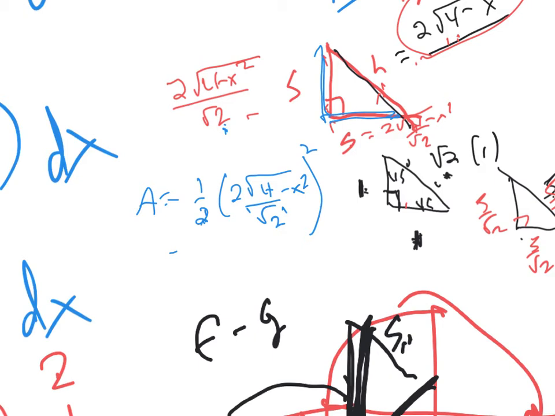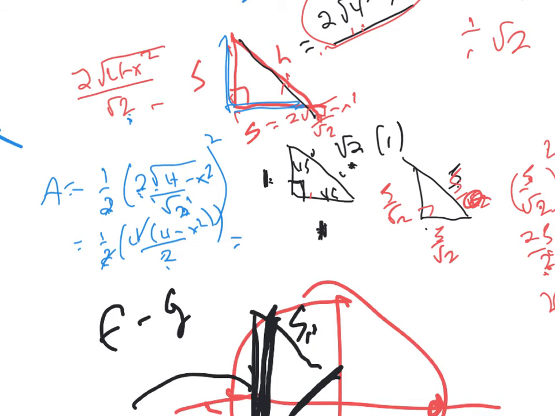Boy, this is ugly. 1/2 times, if I square the 2, that turns into a 4. If I square the square root, that turns into 4 minus x squared. If I square the square root of 2, that gives me a 2. 2 times 2 is 4, the 4 cancels out. What am I left with? 4 minus x squared.